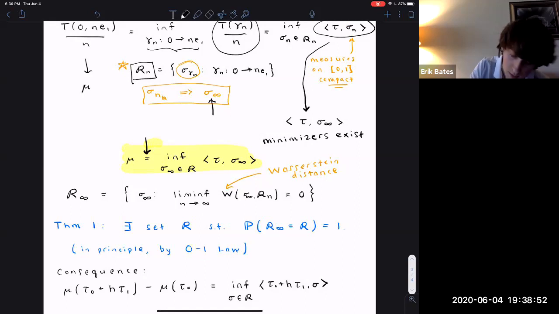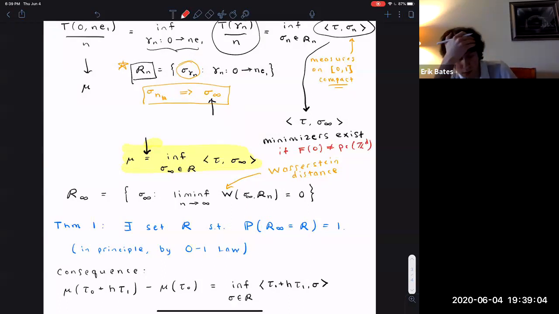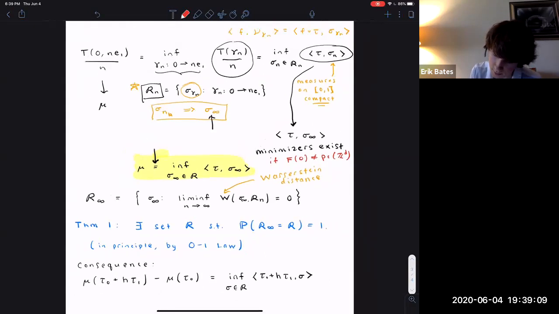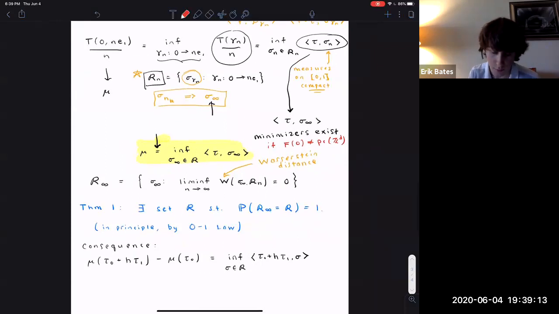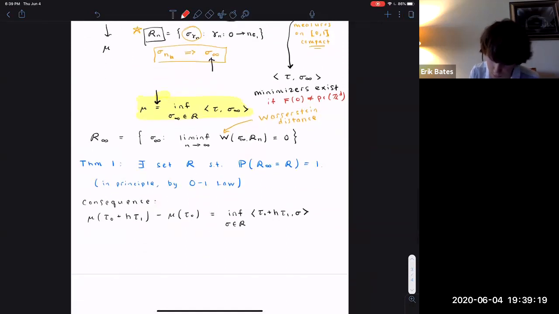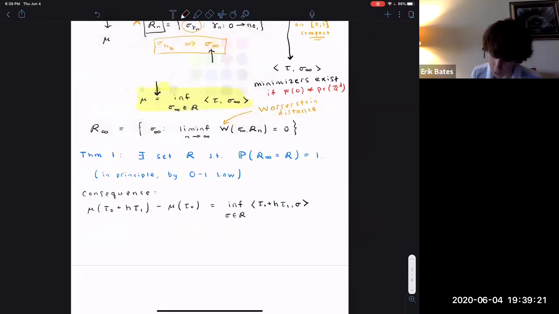And I'll add the caveat that kind of has been pushed under the rug, but this is if f of 0 is not equal to the critical probability. Because recall that the critical case, we didn't actually know that geodesics do exist. And so we couldn't necessarily appeal to this sequence of empirical measures associated to geodesics. But assuming we're out of that kind of exceptional case, minimizers do exist to this variational formula.